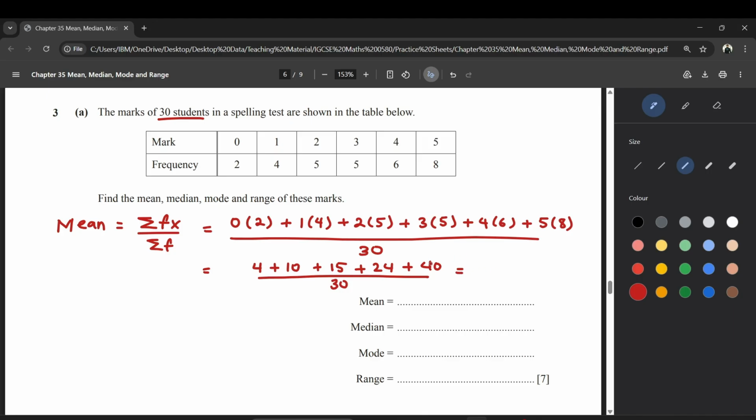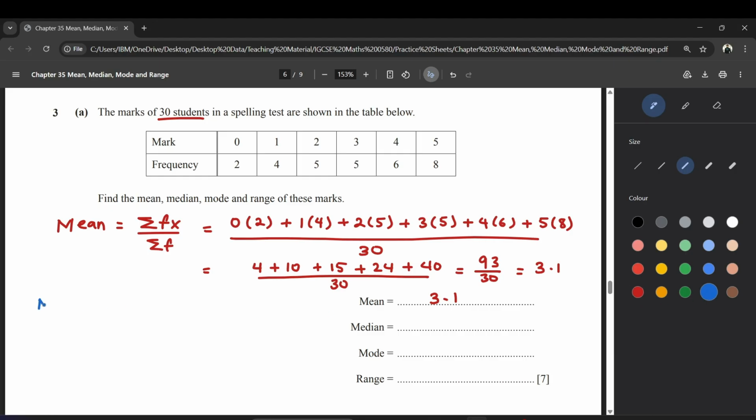So let us add them up. 4 plus 10 plus 15 plus 24 plus 40. Okay, so that gives us 93 divided by 30. Okay, so 93 upon 30, that gives us 3.1. Okay, so this is going to be your mean.